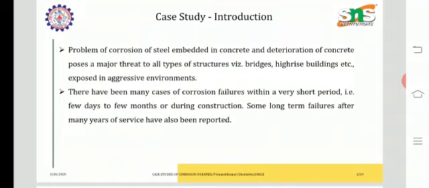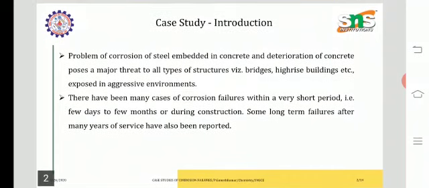So the bridges and the buildings are all made up of steel materials. These steel materials undergo corrosion after some time, because when they are exposed to an aggressive environment, the environment may aggravate or increase the rate of corrosion.